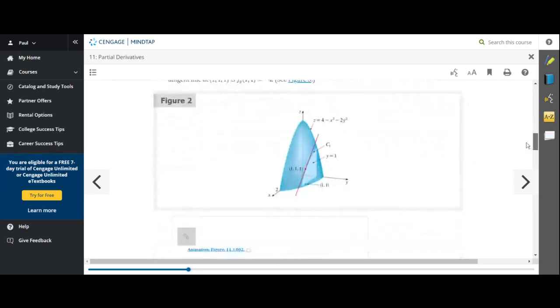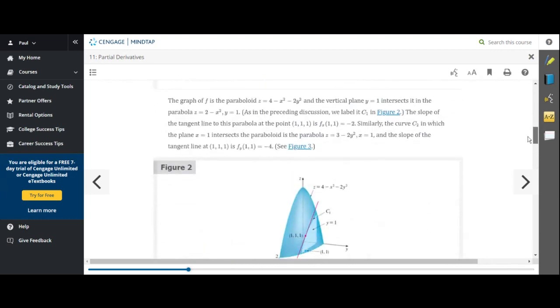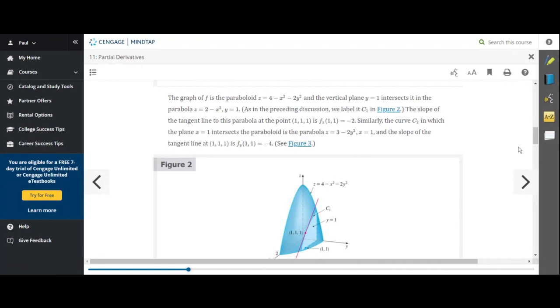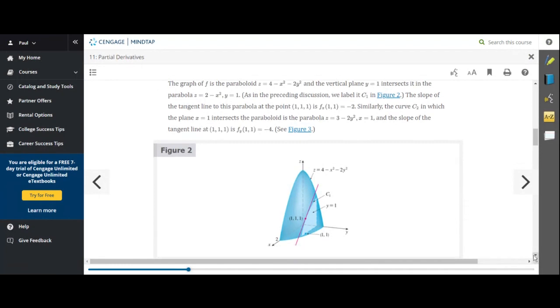And if we look at the picture here, in figure 2, at the point (1, 1, 1), that's when x is 1 and y is 1. Of course, z equals 1 then for those x and y values.